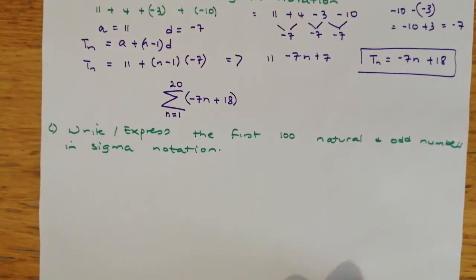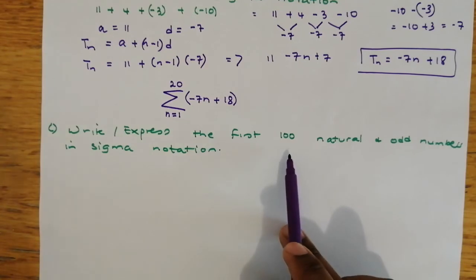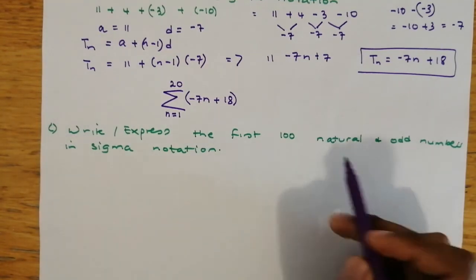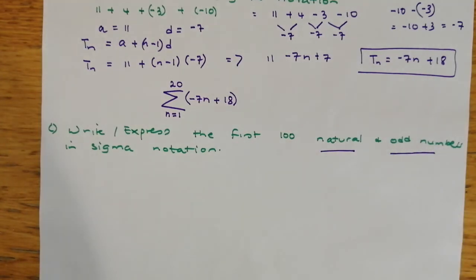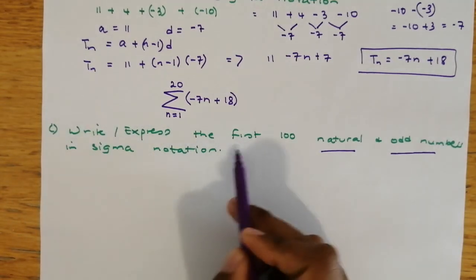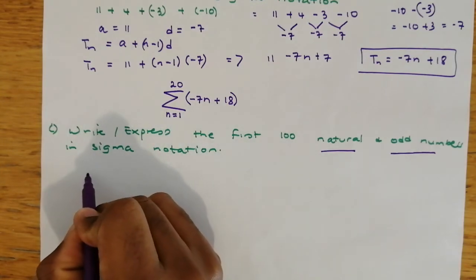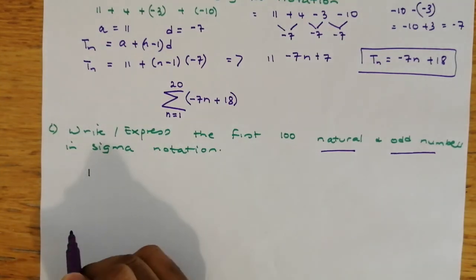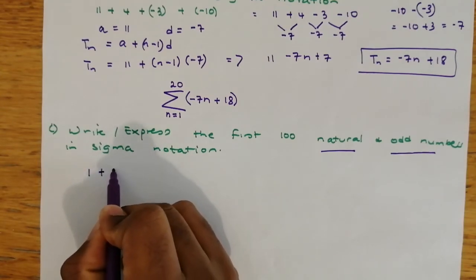Then lastly, express the first 100 natural odd numbers in sigma notation. For this, you need to know what natural numbers are and what odd numbers are. They say the first 100. The odd numbers start with 1. 2 is not an odd number, so we jump 2.